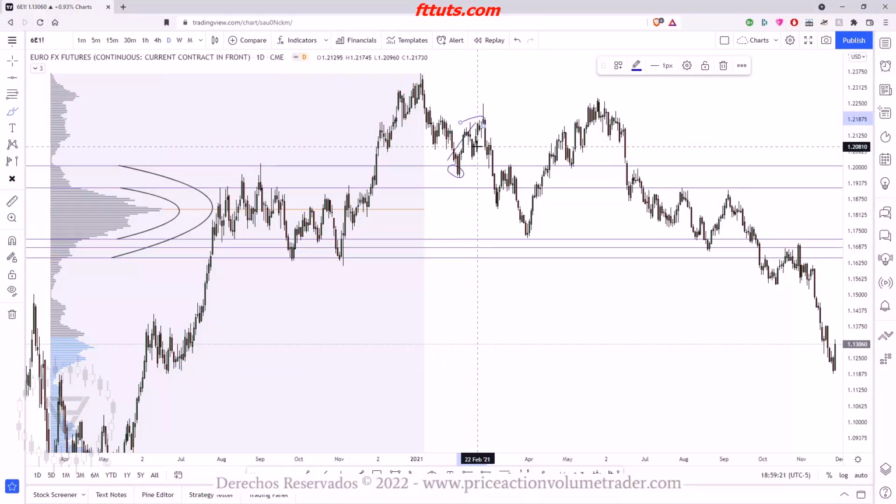We went up, penetrate into the node, come up, and reject right off the top edge, the cut in volumes. We come down, we hit the point of control, and we hit the bottom edge here.